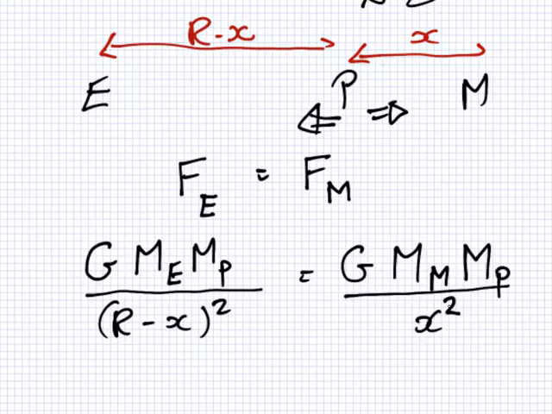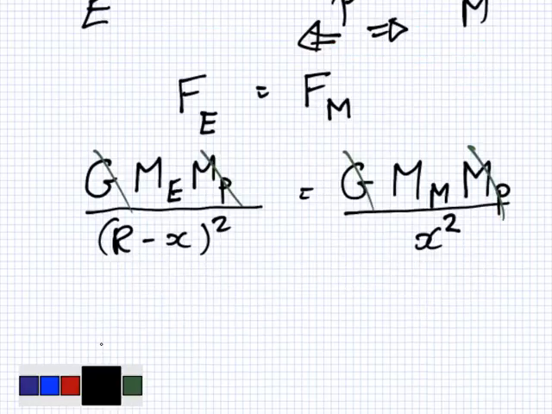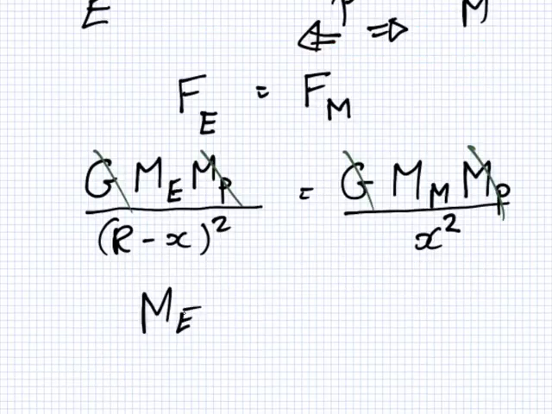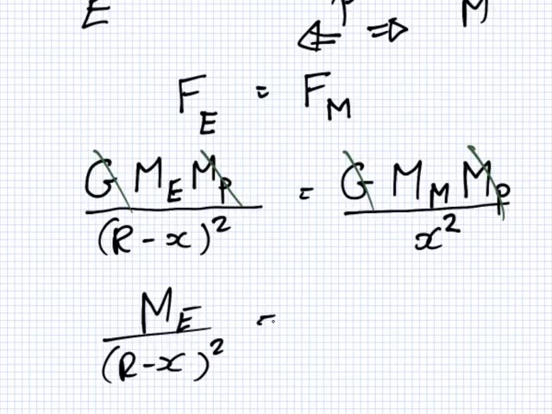Now, the M P's cancel. So did you need to know the mass? No. And what else cancels? The G's cancel. So you get mass of the Earth over r minus x squared equals mass of the moon over x squared.